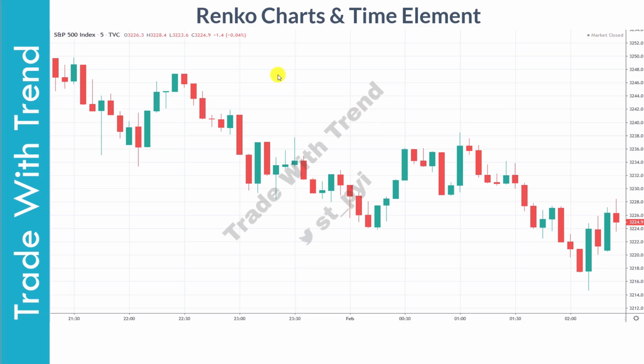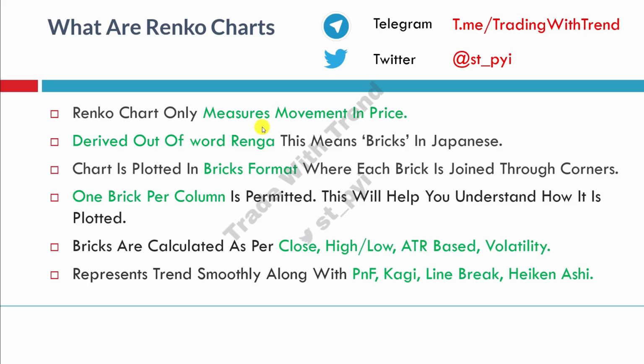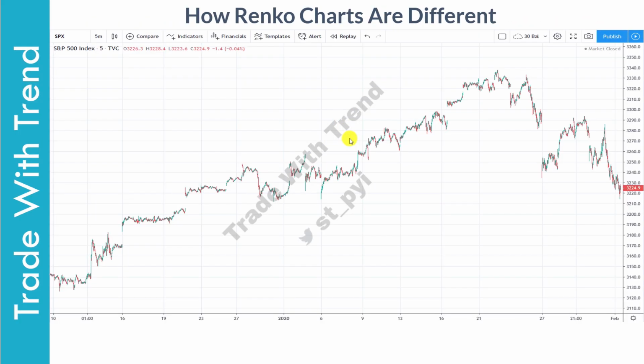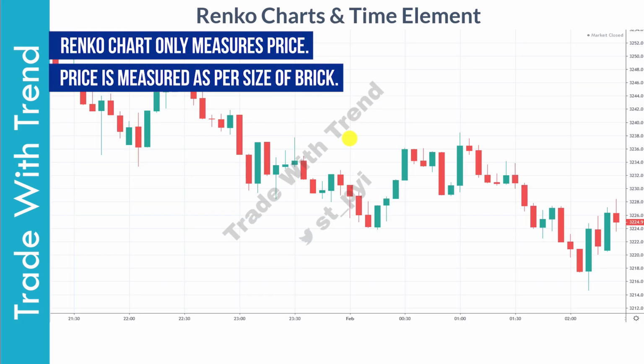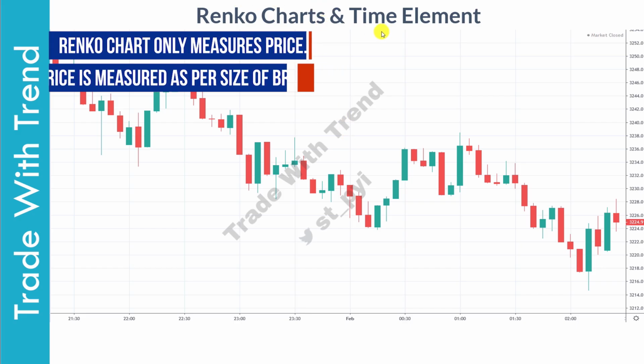This is where a candlestick chart has the element of price and time factored in. Now when it comes to Renko chart, you only have the element of price factored in. And this is what I had mentioned at the start of this video, that Renko chart only measures movement in price. There is no time element here. Now there are a few softwares including TradingView where they do take into consideration some bit of time element as well.